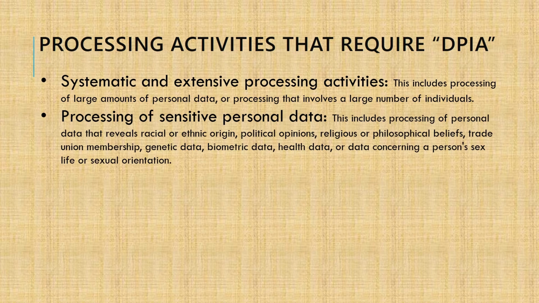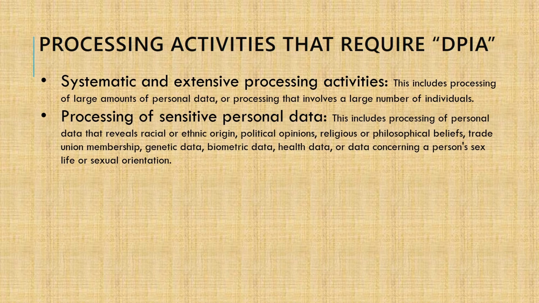processing of sensitive personal data. This includes processing of personal data that reveals racial or ethnic origin, political opinions, religious or philosophical beliefs, trade union membership in the case of EU, genetic data, biometric data, health data, or data concerning a person's sex life or sexual orientation.